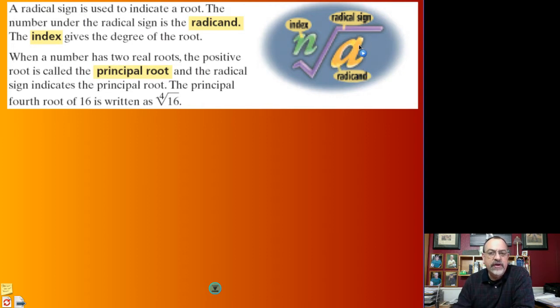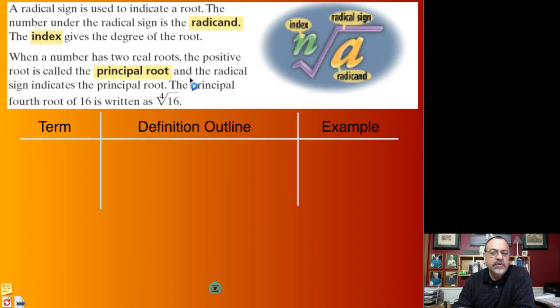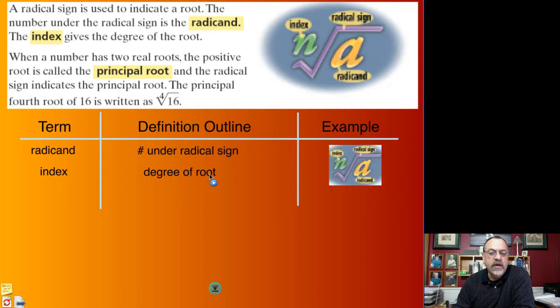The value underneath this radical sign is called the radicand. We should know these terms so that when we're talking about them we're not confused. So the number underneath that radical sign is called the radicand. The number that you'll see written here is called the degree of the root, or the index of the root. And the positive number that you get when you're taking the square root is called the principal root.